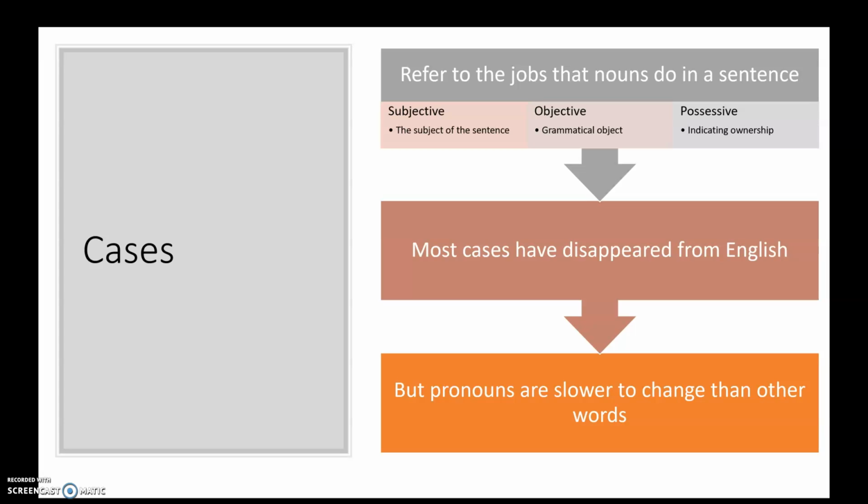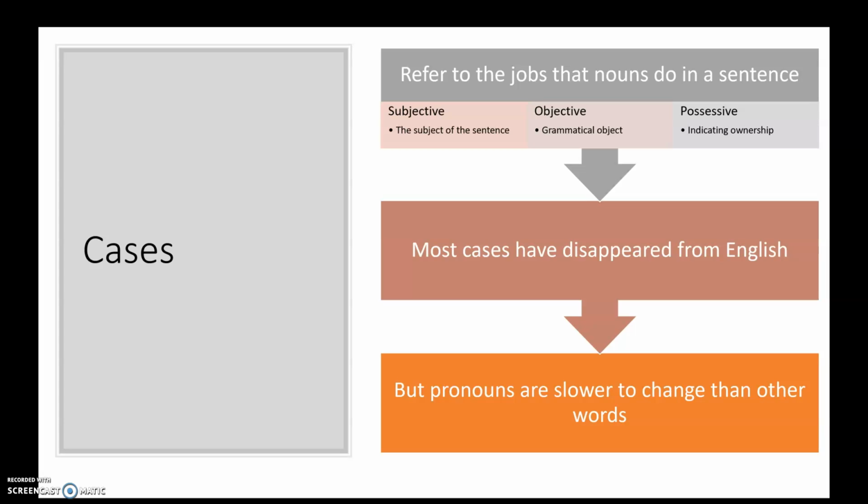Most nouns in English work that way. But before a bunch of changes happened in the English language, we had nouns and pronouns that used to have different forms for different cases. And over time, we simplified it. We decided that was just too complicated and wanted to use the same word for all of it. But pronouns and prepositions take forever to change in a language.